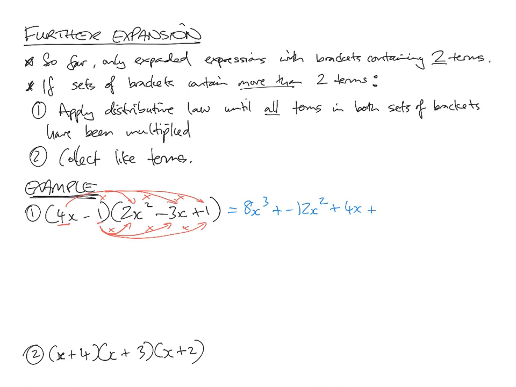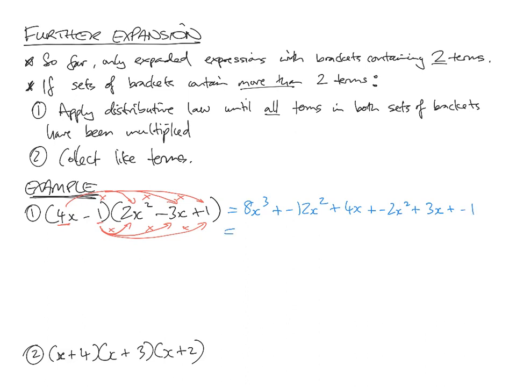Then we're doing the second term in the first set of brackets. Negative 1 times by 2x squared is negative 2x squared, plus negative 1 times by negative 3x is positive 3x, plus negative 1 times by 1 is negative 1 again.